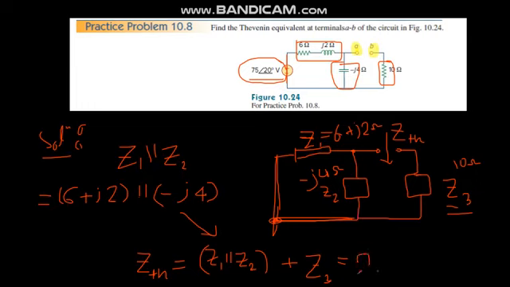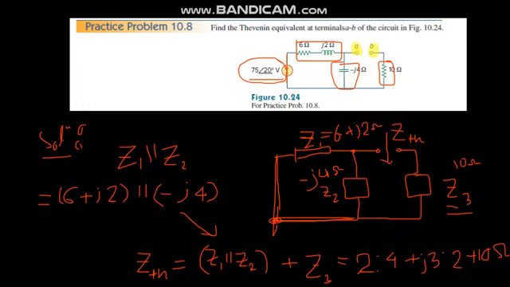So after calculating this, that will be 2.4 minus 3.2j plus 10 ohms.